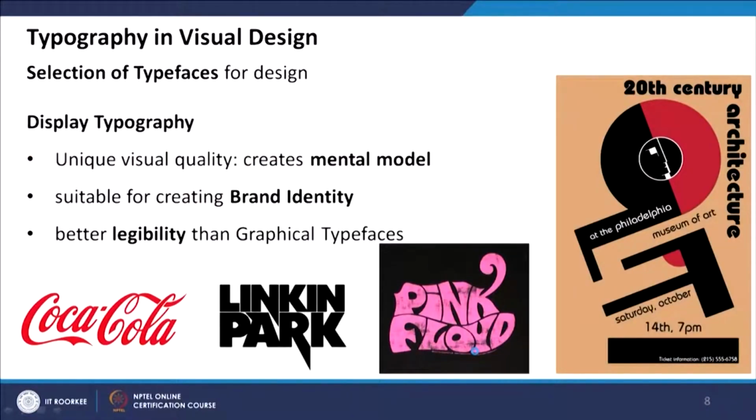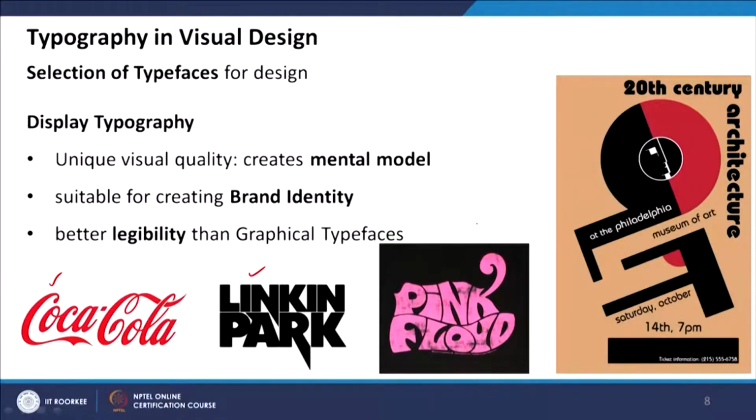Now this is the display typography. In this typography, there is some balance between the pictorial quality as well as the legibility. It takes more time to decipher than the body of the text. The most legible typefaces are the minimalist ones, where the ornamentations are minimal, but it takes lesser time to decipher, to read, than a very high graphical typeface.